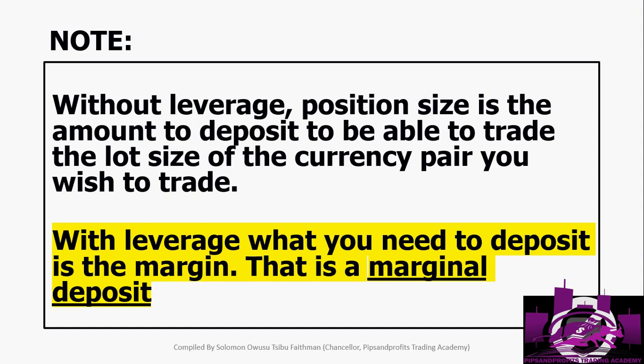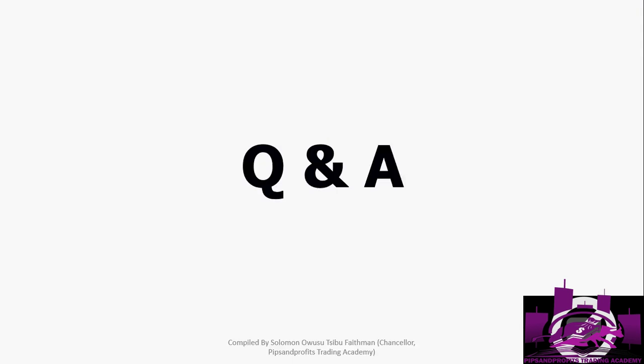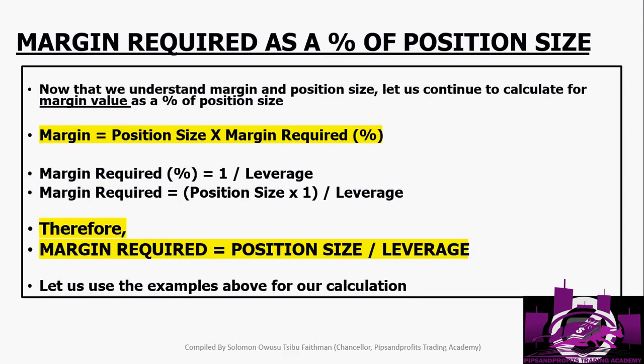So with leverage, what you need to deposit is the margin, and that is called a marginal deposit. So we went straight into how we can calculate our margin required as a percentage of position size, and we understood that our margin is equal to position size times the margin required, and our margin required is equal to 1 over leverage.